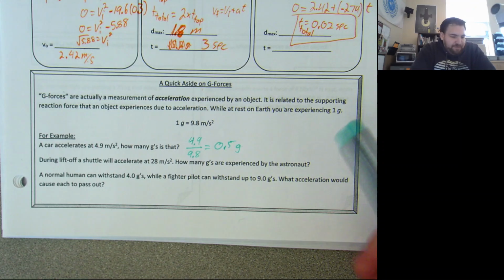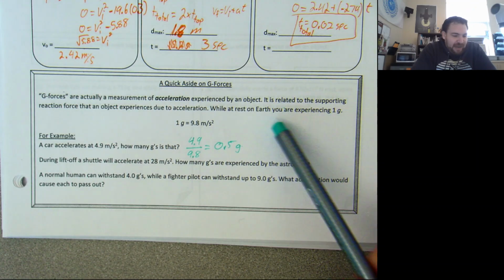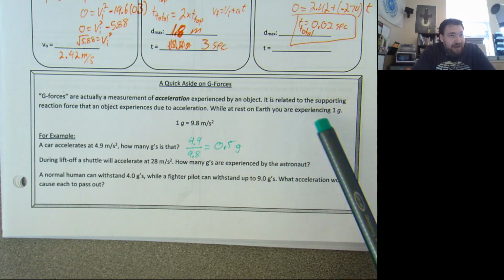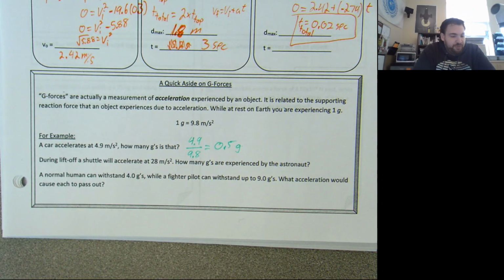Now, it might be kind of weird to think about that, but if you think about how you experience the acceleration due to gravity, your body is only used to experiencing it down. And so while you're sitting here, you are experiencing 1g. You're experiencing the acceleration due to gravity while you're being supported.